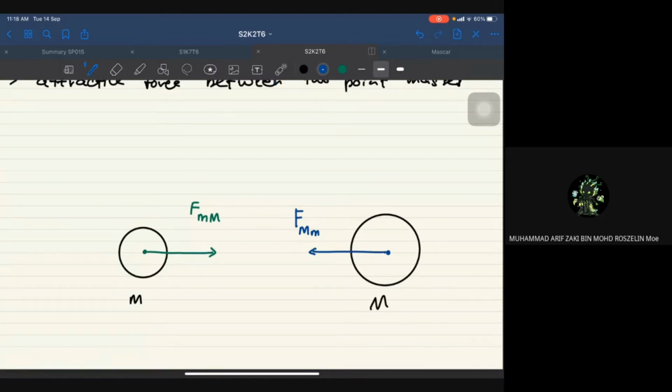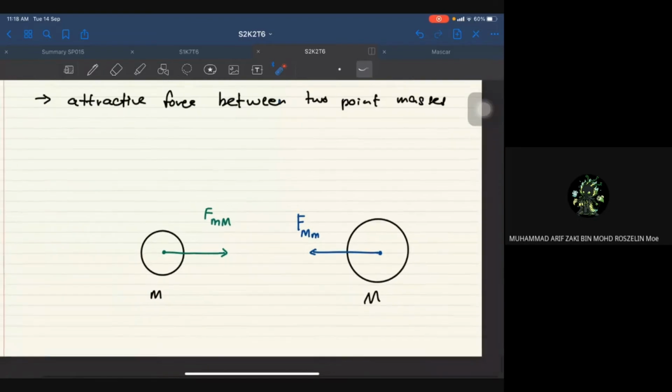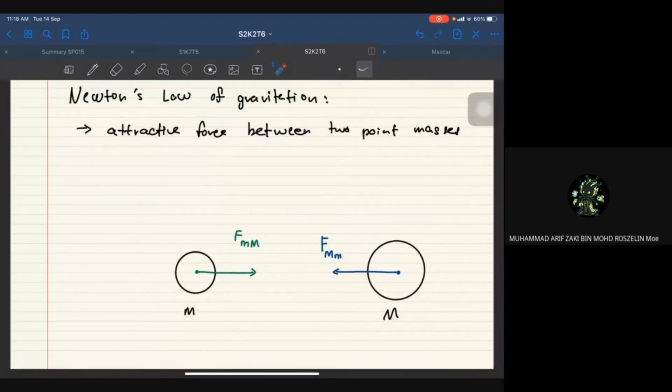Okay, anyway, so kita ada attractive force which is attractive towards one another. So you can see here these two force actually opposite in direction. Satu ke kanan, satu ke kiri. How about the magnitude? Magnitude dia sama ke tak? Is it the equal magnitude or is it different magnitude?